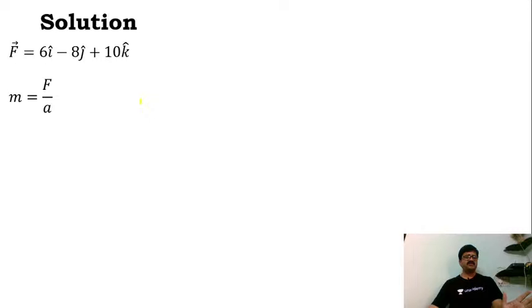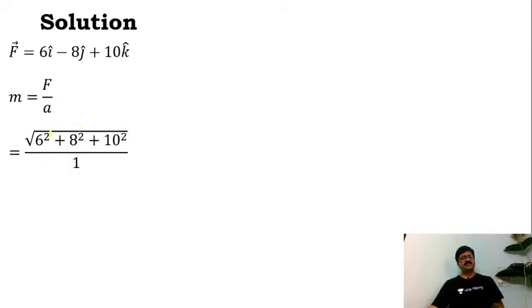I know this. So over here, the magnitude of force F will be the square root of 6 square plus 8 square plus 10 square, that is, Fx square plus Fy square plus Fz square. So 6 square is 36, 8 square is 64, 36 plus 64 is 100, and 100 plus 10 square is 200.